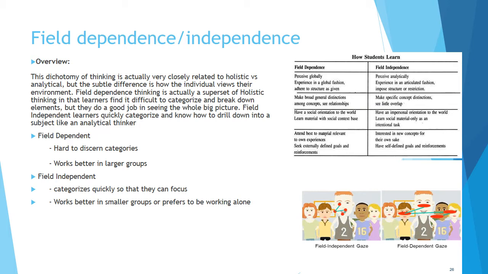They look at everyone. They look at all subjects, all categorizations across the field. For field-dependent learners, it's hard to discern categories, and they work better in larger groups. Field-independent thinkers categorize very quickly so that they can focus, and they work better in smaller groups.